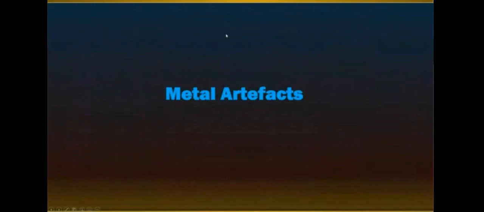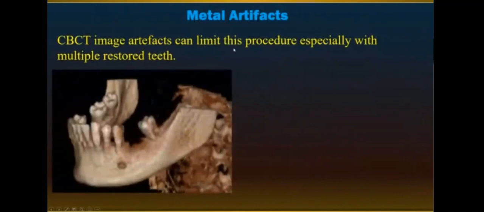Okay, second consideration that we should take care of is the metal artifacts. When you make a CBCT for a patient with no metals in his mouth, everything is going to be easy and clear like this.